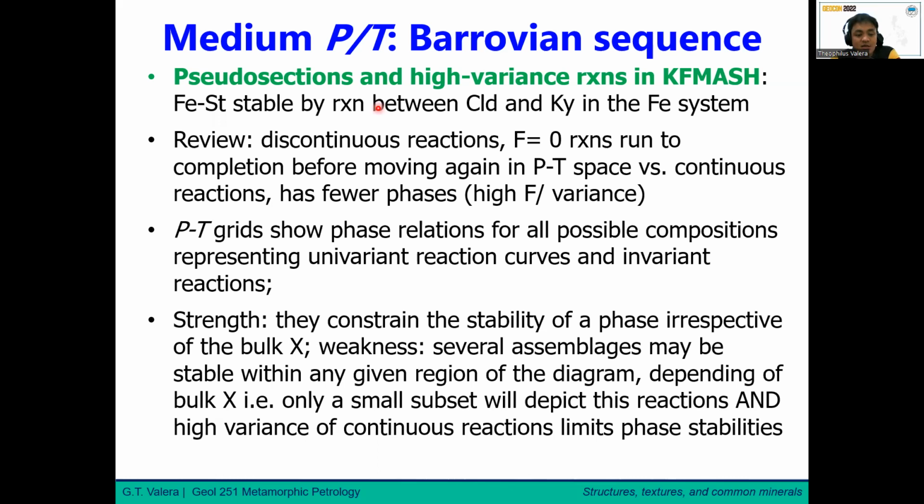So sa PT grids, the PT grids show phase relations for all possible compositions representing univariant reaction curves and invariant reactions. The strength of these PT grids is that they constrain the stability of a phase irrespective of the bulk X. However, as we've seen, several assemblages may be stable within any given region of the diagram depending on bulk X. That is, only a small subset will actually depict these reactions, and high variance of continuous reactions limits phase stabilities.